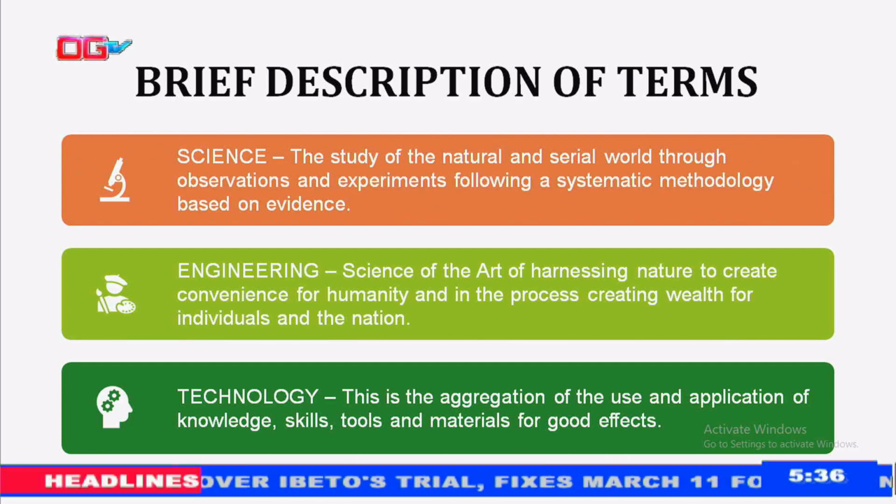Technology is the aggregation of the use and application of knowledge, skills, tools, and materials for good effects. You can see that if you harness natural resources very well, the individuals will be rich, and by extension, the nation will be very rich.